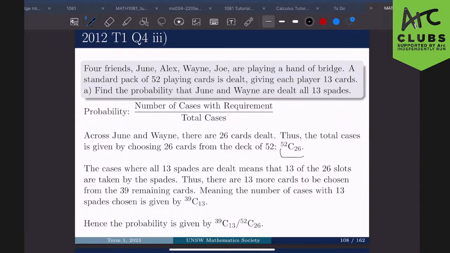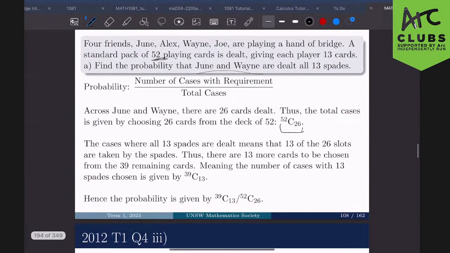Obviously, first I guess you can work out the total cases. So it's just 52 choose 26. There's two players, so you're choosing 26 cards, and 52 playing cards are available.